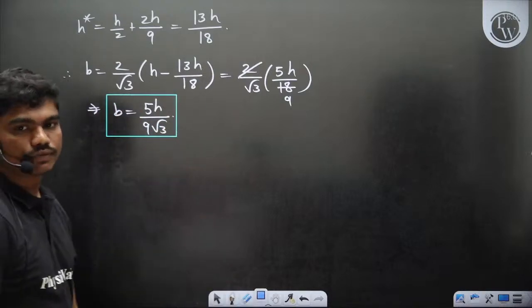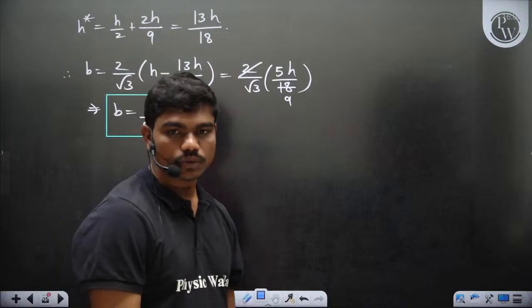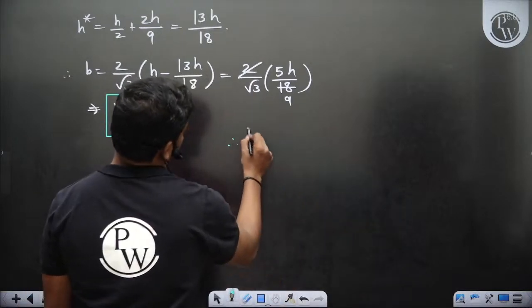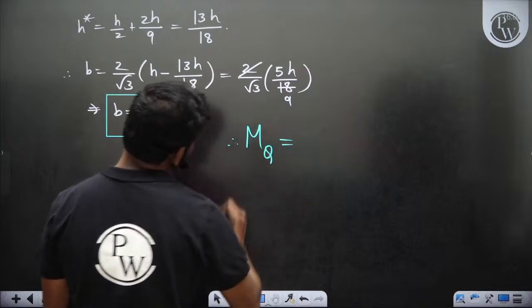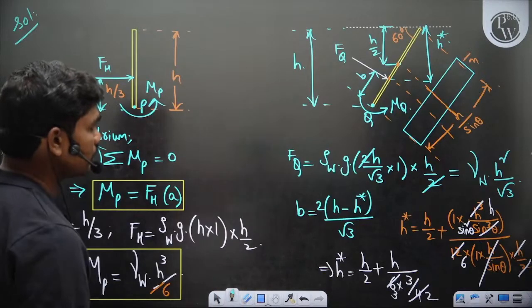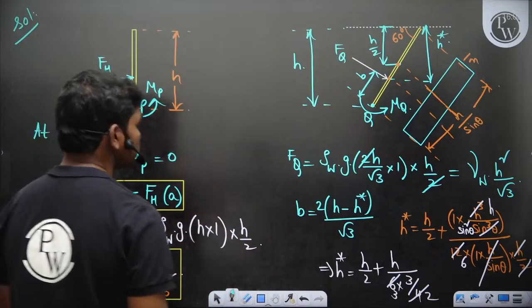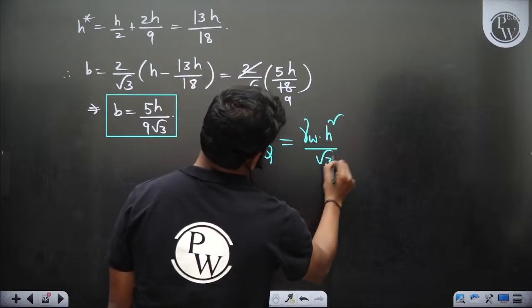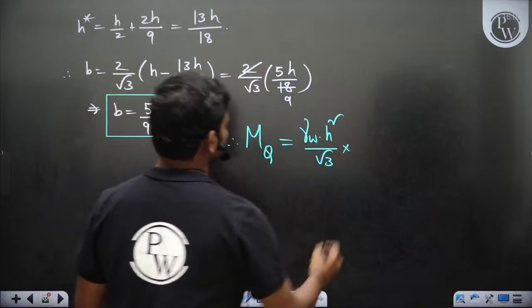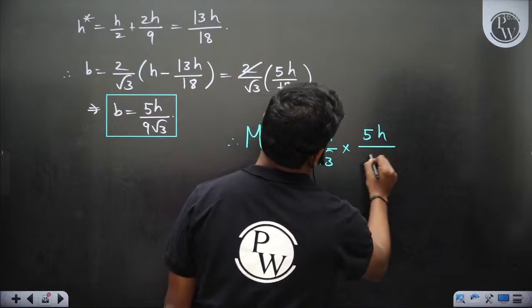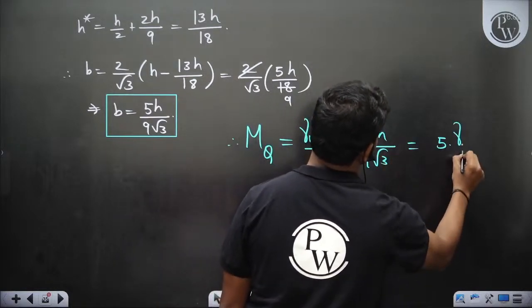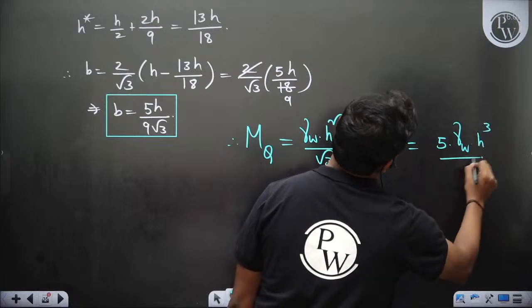That's what. Okay, so 5h by 9 root 3. So now if you calculate Mq, moment about the q is equal to gamma w h square by root 3 into this term. So 5h by 9 root 3. So this is 5 times gamma w h cube by 27.